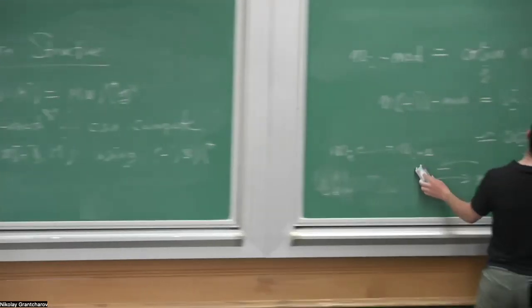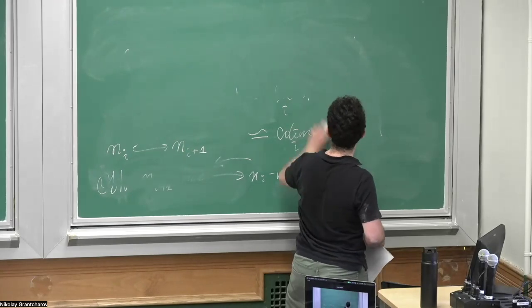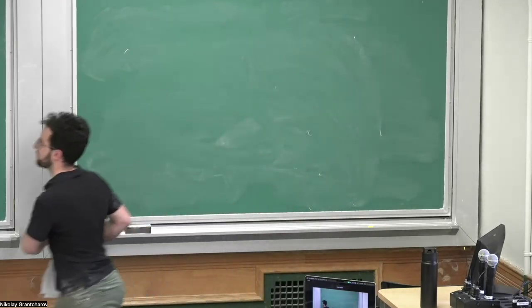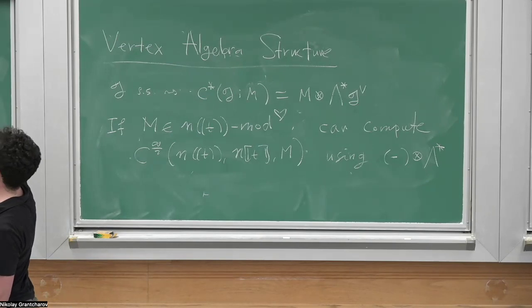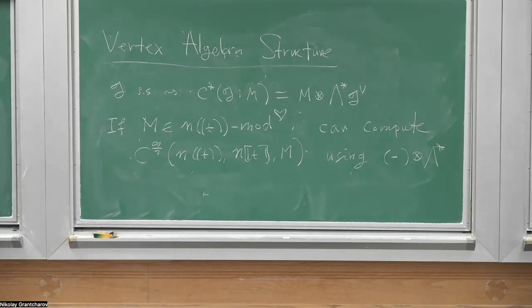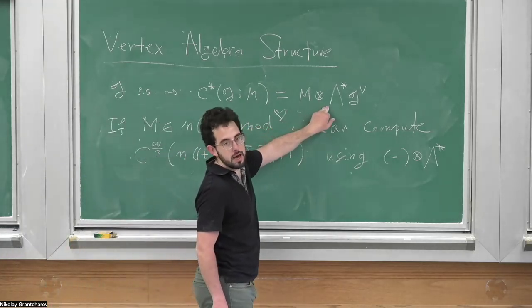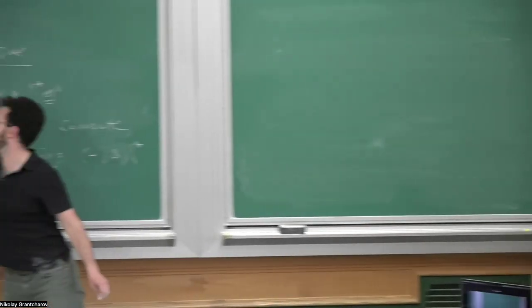The semi-infinite cohomology was defined as a colimit of Lie algebra cohomologies over a collection of finite dimensional Lie algebras. For each one of them, what we want to do is to use the resolution by the exterior algebra and then take the colimit. The statement is that this will work if M is in the heart of the category.